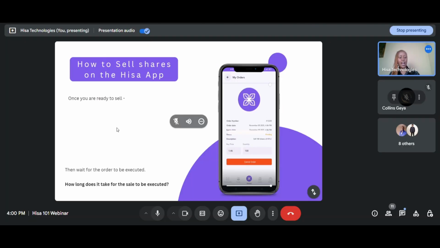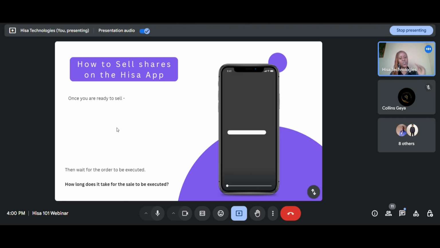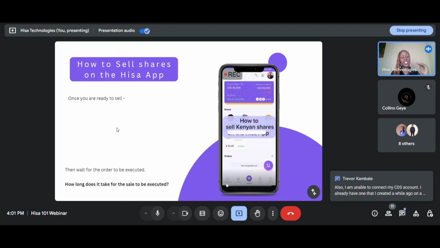So another point is, if you want to see your portfolio for Kenyan shares, once you have started buying, you can just tap on the CDSC button and you'll see all the shares that you have bought through Hisa. To sell, just pick one, tap on it, scroll to the bottom and tap sell.